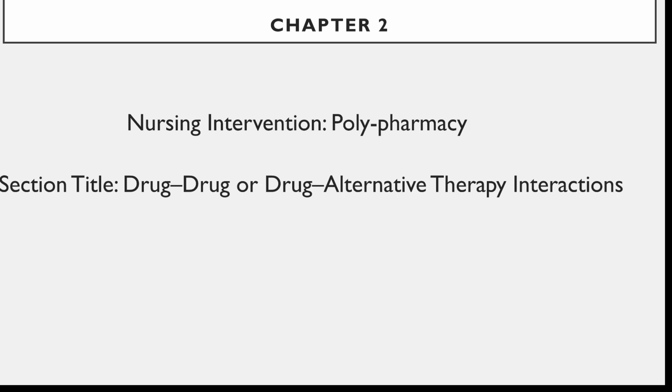A situation that you're going to see a great deal, and knowing the nomenclature, it almost is inherent in the actual word, polypharmacy. And what is the responsibility of the nurse and the nursing interventions related to polypharmacy?